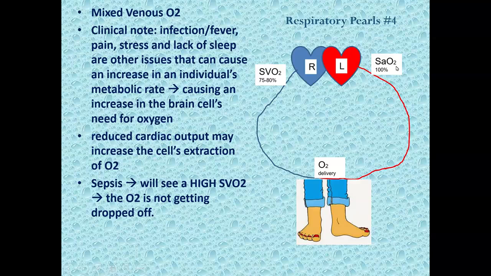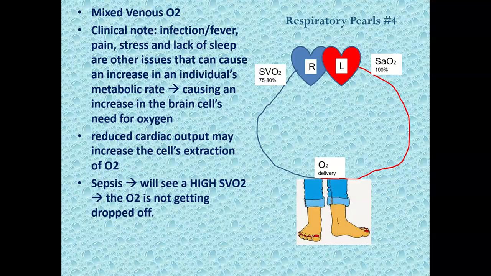So what do I mean by that? What if instead of a UPS truck stopping by that cell every minute, a UPS truck was only dropping off oxygen every hour because there's a lower cardiac output? Well, the cells are not stupid. The cells are going, yo, you're not coming by very often, blood, or truck.